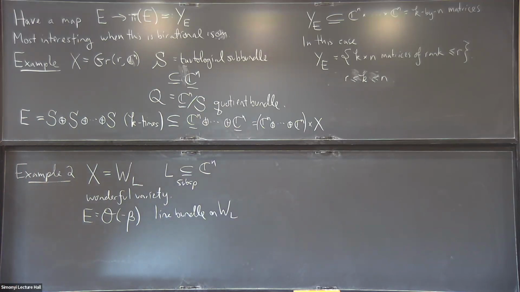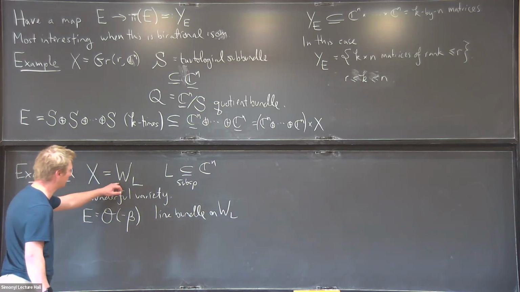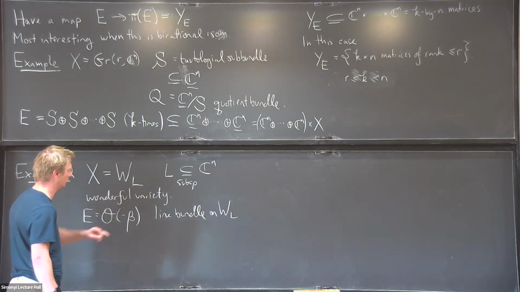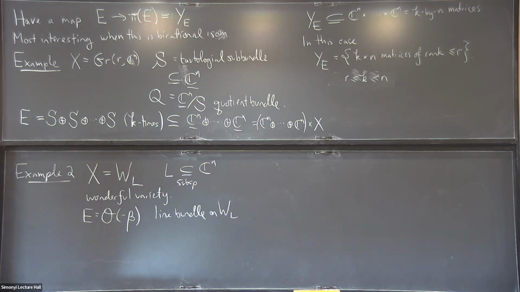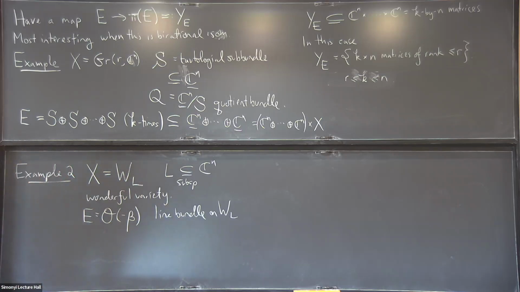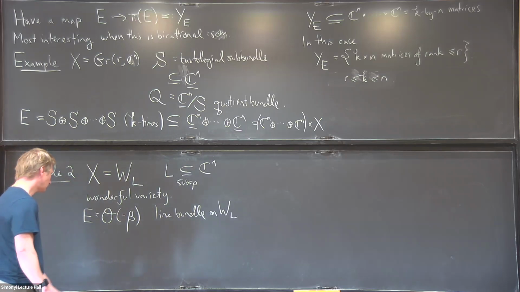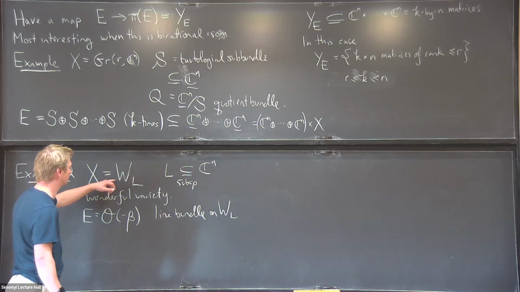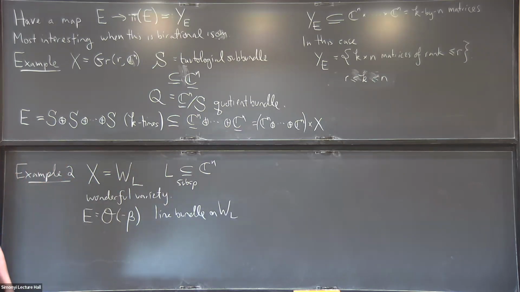It's a compactification of L inside of a product of projective spaces, in the projectivization of L. So in general, this is going to be some subvariety of the permutohedral variety, some closure of L inside of a product of projective spaces.